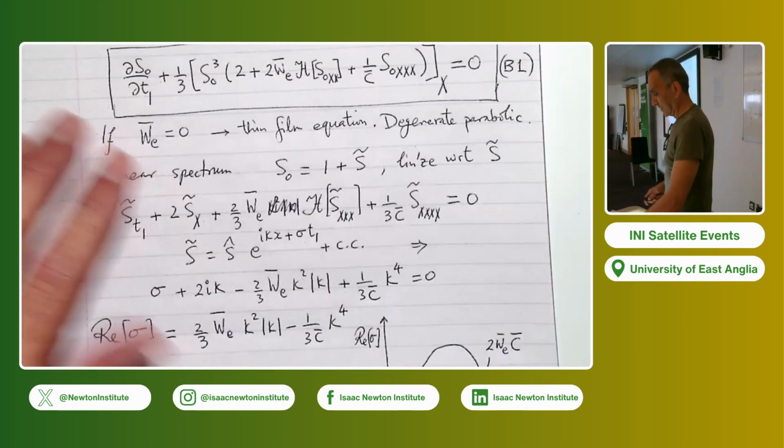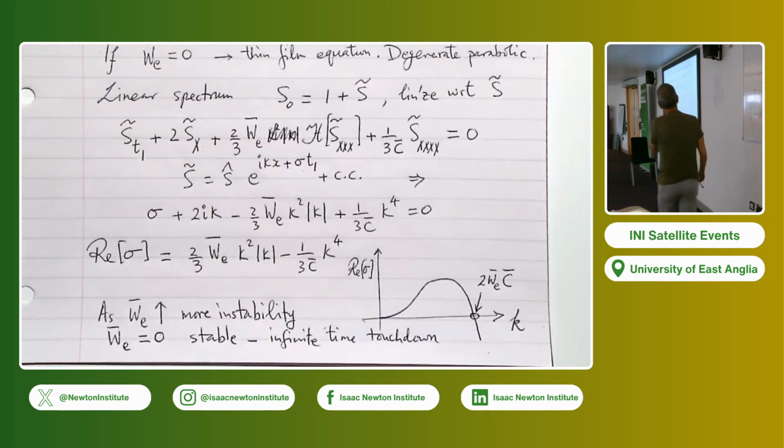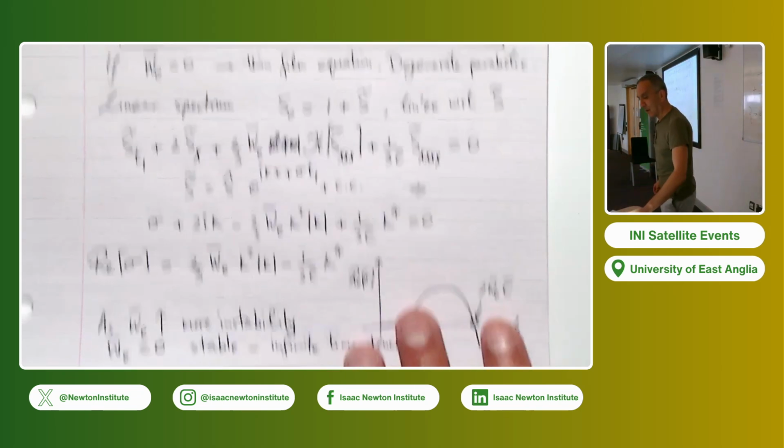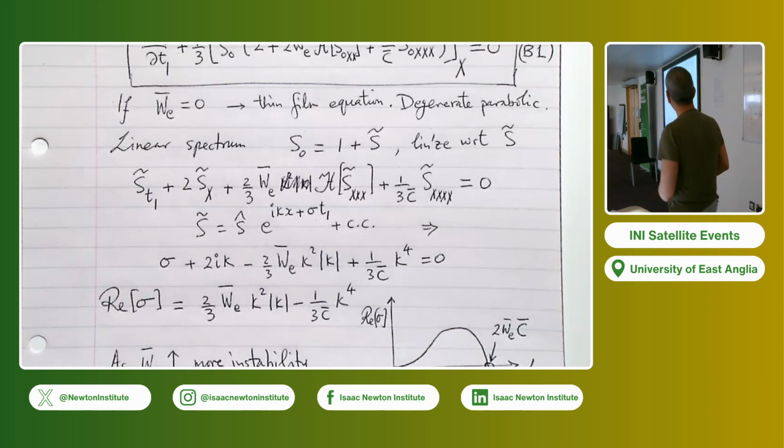Now, what's interesting is that you get some really nice phenomena, even for this very simple problem. If I don't have an electric field and I have these two terms only, then everything is stable, right? There's no instability. But if I include the electric field, then I get dispersion relations that look like this.